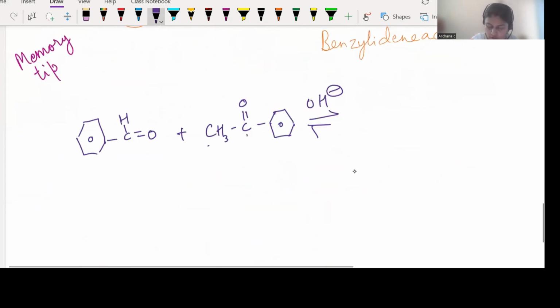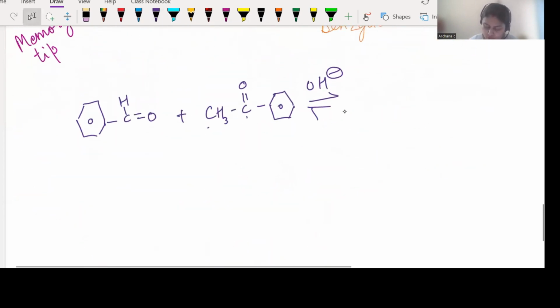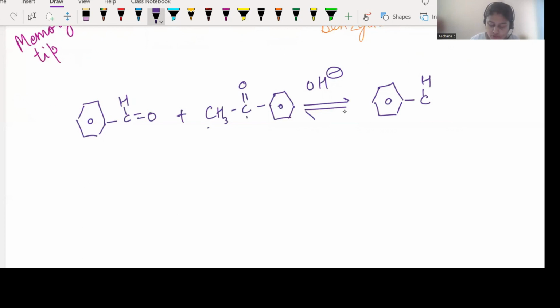I think I've written alkali here also. Yeah. So if I want to predict the final product for this, it will be what? First, your aromatic nucleus. Then you write CH. Then instead of C double bond O, this will be eliminated. Double bond will be like this only. And you will have CH, C double bond O, and another benzene nucleus. So this is known as benzylidene acetophenone.